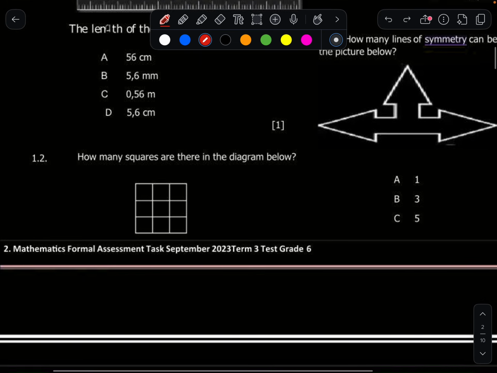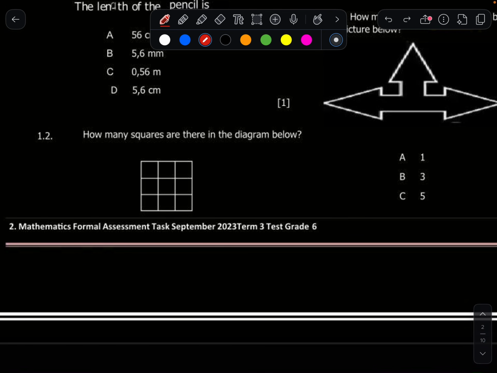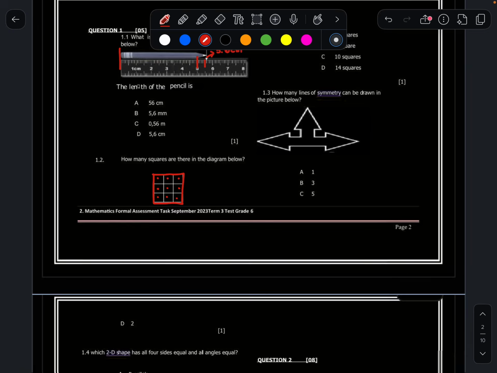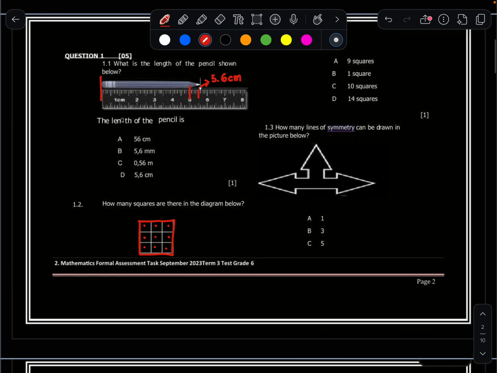Okay, 1.2. How many squares are there in the diagram below? So obviously 1, 2, 3, 4, 5, 6, 7, 8, 9 that you can see, but you can also do this, so 10. I think you can also then draw a few others in here.